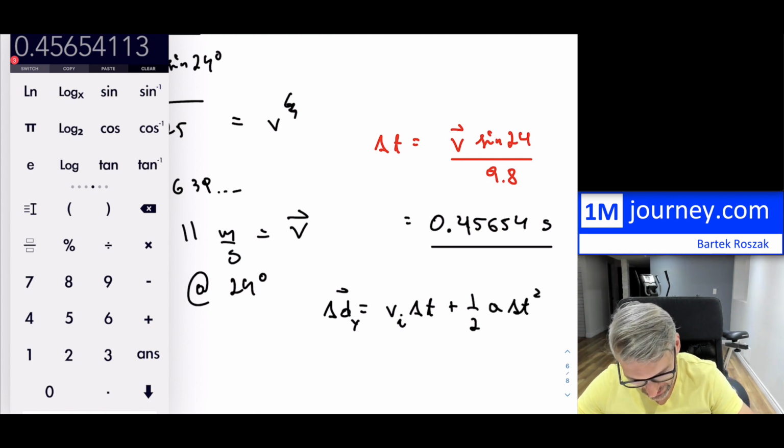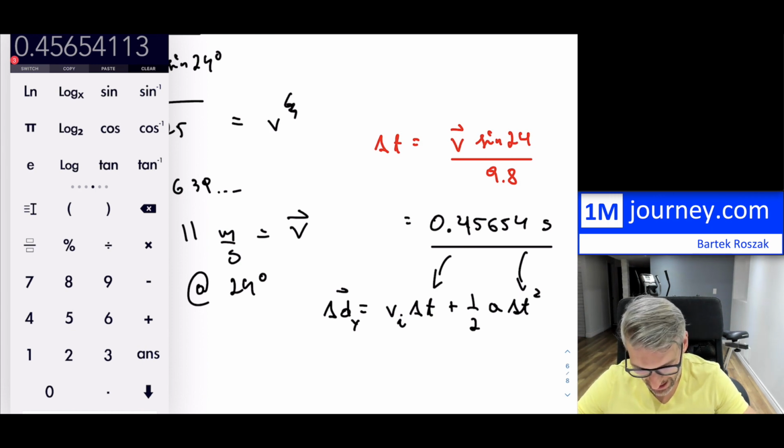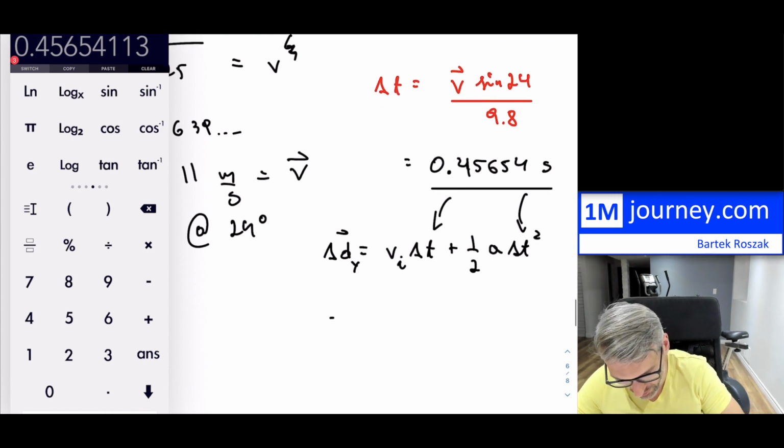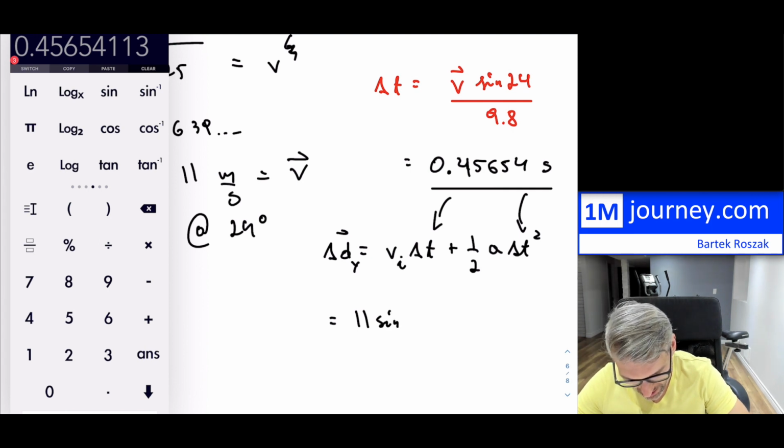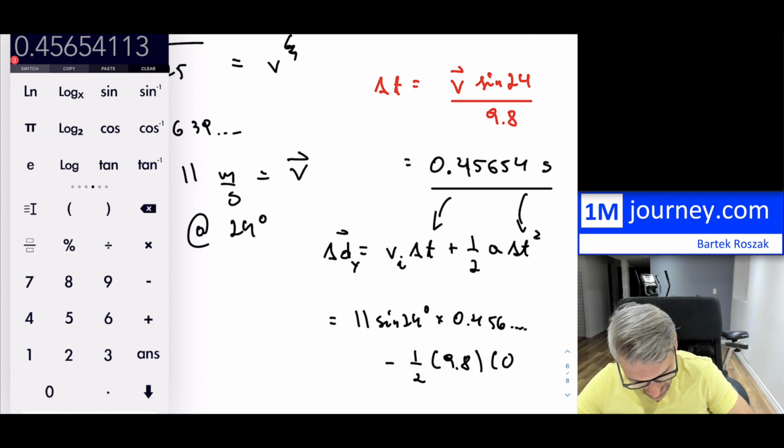Now this delta t we have just found. The initial speed I have, I have to be careful there. That's the 11 meters per second, and because it's in the y, it's going to be times sine of 24 degrees multiplied by the delta t, so times 0.456, etc. Now it's going to be minus because of gravity, and then again 0.456, etc. squared.